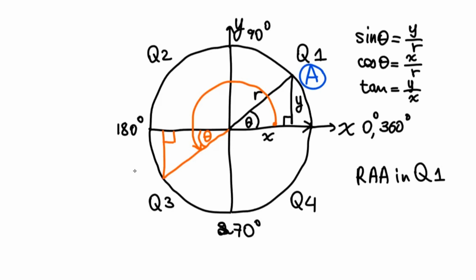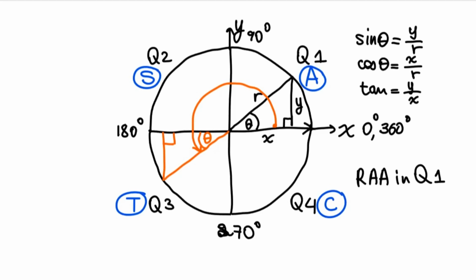In quadrant 2, only the sine ratio is positive. In quadrant 3, only the tangent ratio is positive. And in quadrant 4, the cosine ratio is positive. All other ratios will be negative.